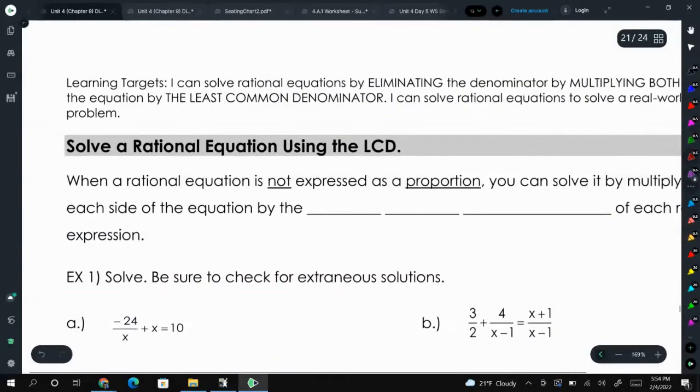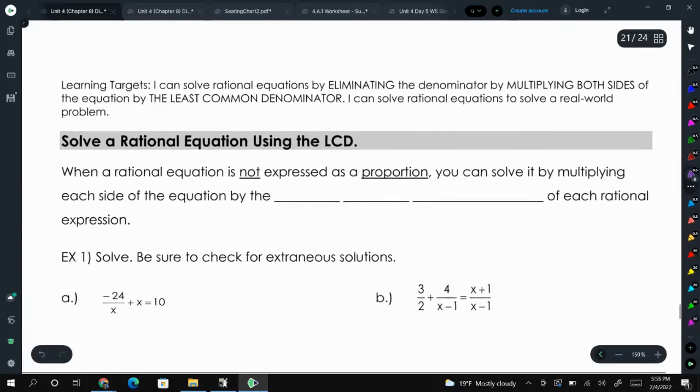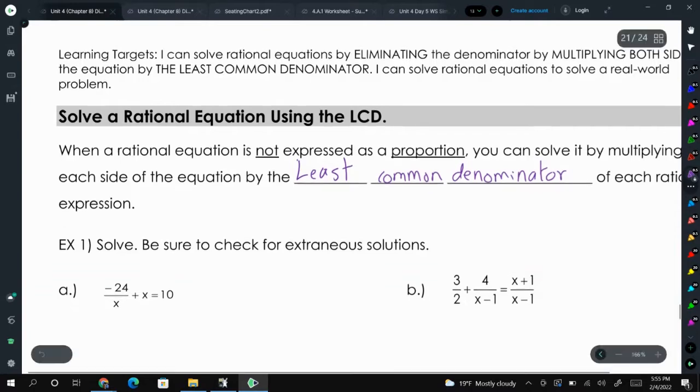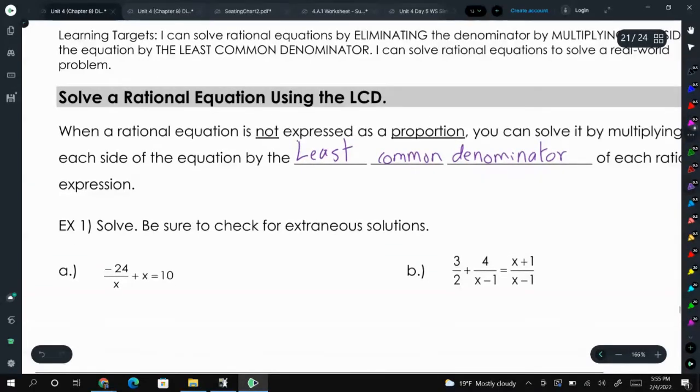So if a rational equation is not expressed as a proportion, and we'll talk about that later, you can solve it by multiplying each side of the equation by the least common denominator, or LCD, of each rational expression. What you also have to do, though, when solving rational equations is plug it back in.